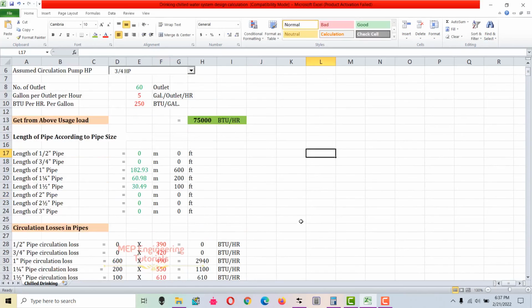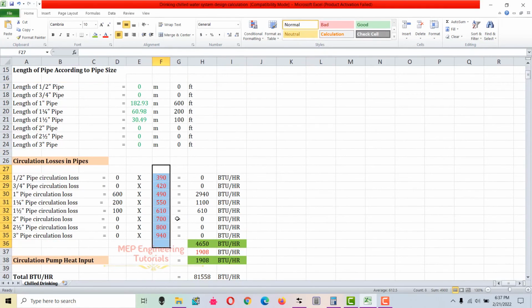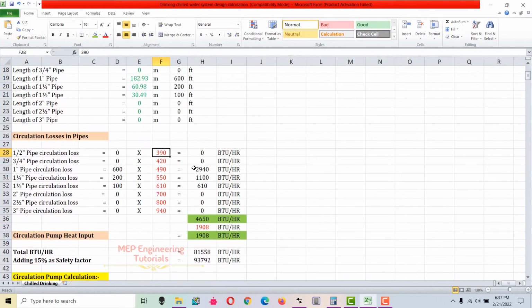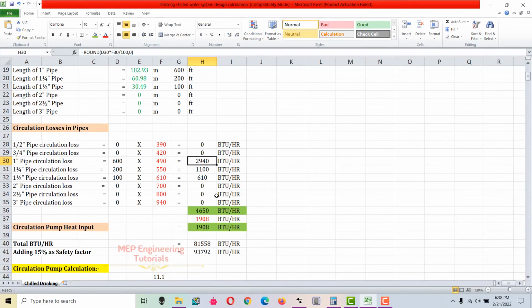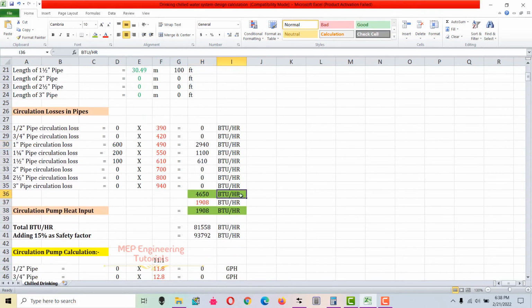I have selected 80, so these values are in here. Simply multiply length with this one, and you will get the circulation losses in the pipe in BTUs per hour. Since this value is per 100 foot of the pipe, you need to multiply them and divide by 100 to get BTUs per hour per foot of the pipe. So the total losses you calculate here is 4,650 BTUs per hour.